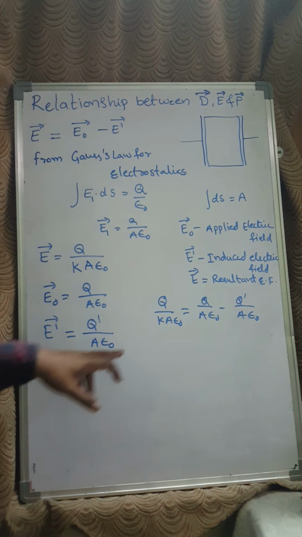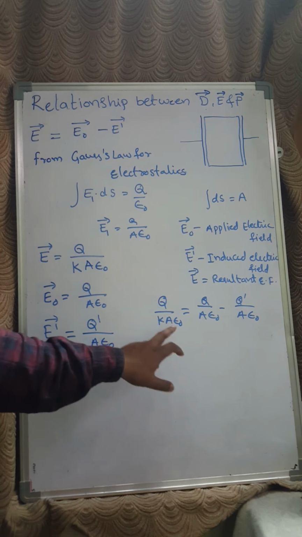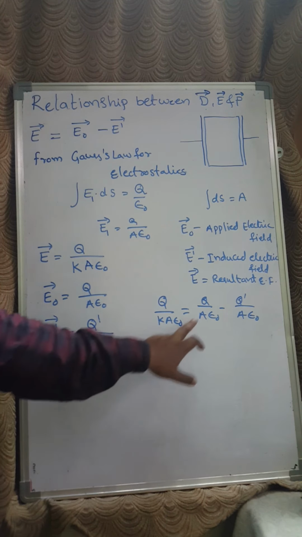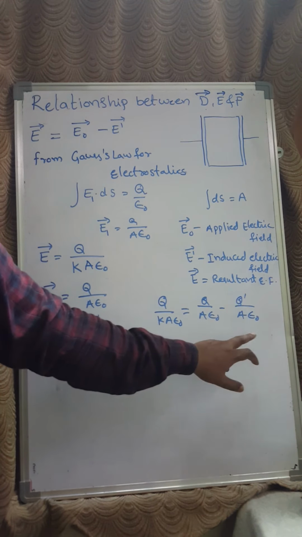This equation I am going to get here: Q by K A epsilon naught equals Q by A epsilon naught minus Q dash by A epsilon naught.